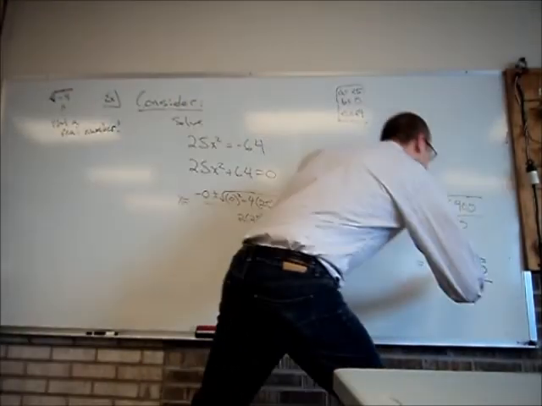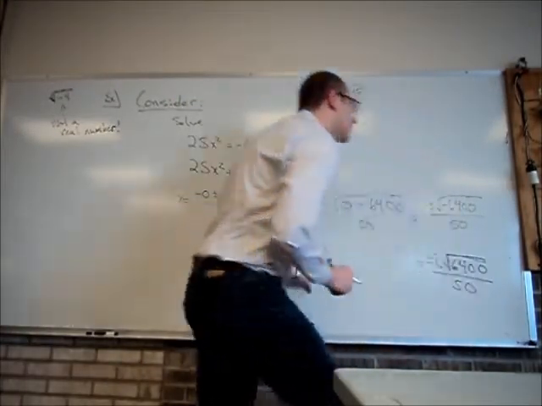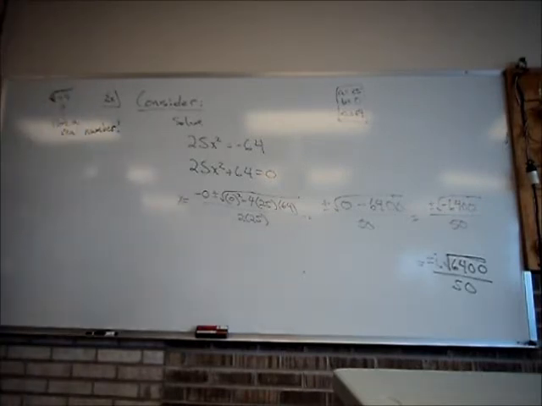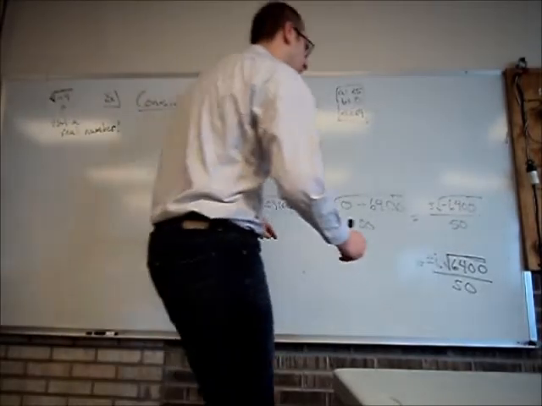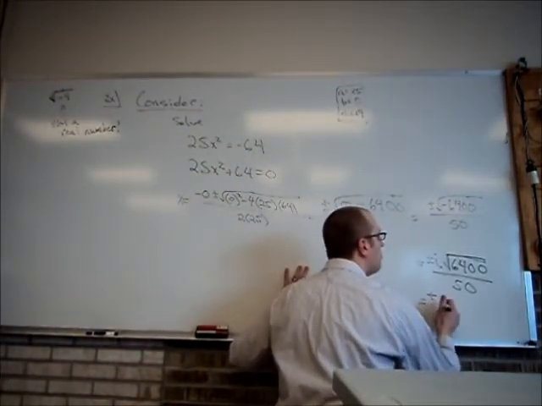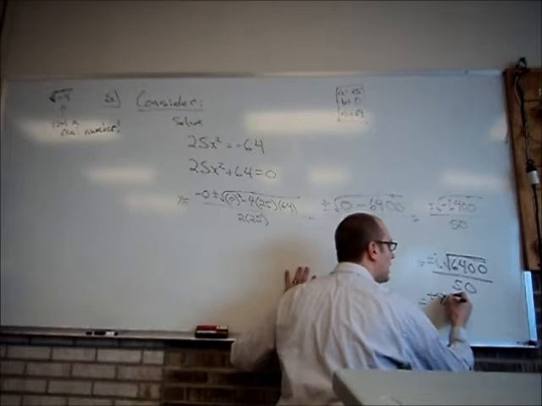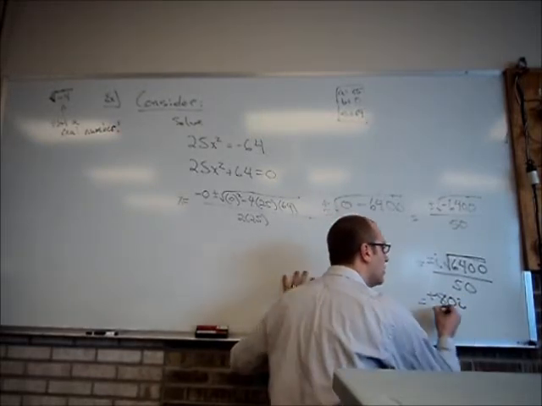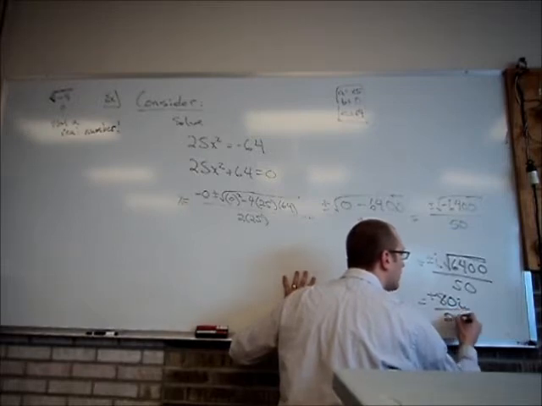And now let's see the square root of 6,400. They didn't like negative 6,400. See if your calculator likes positive 6,400. So here our solution is positive 80i. If you want to put that i in front of the 80, it's just not good notation. Divided by 50.